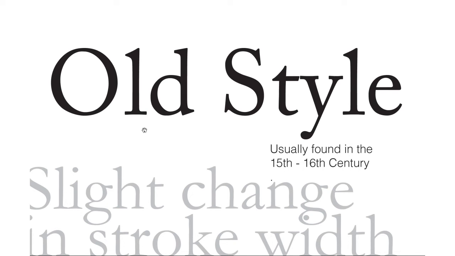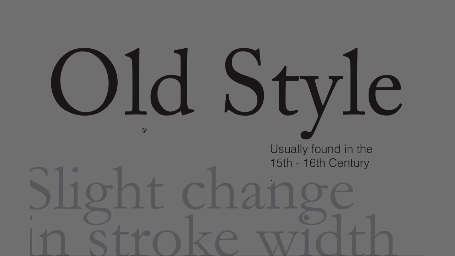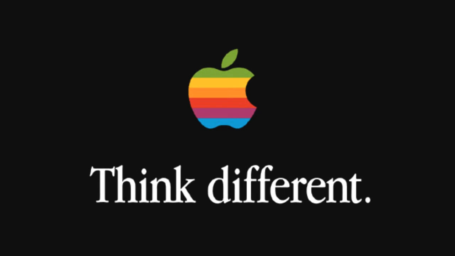It's basically a slight change in stroke width throughout, so that diagonal stroke of the Y, for instance, is going to be a little bit thinner than the main stroke. Things like that are going to give away that this is an old style font. They're usually made in the 15th to 16th century, or at the very least historically, that's when they were the most popular.